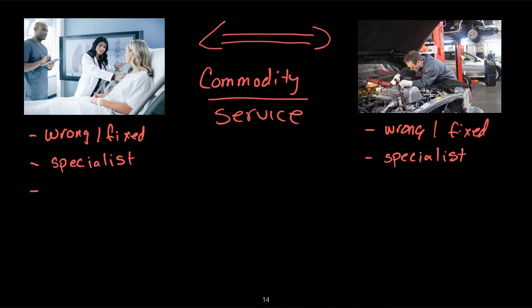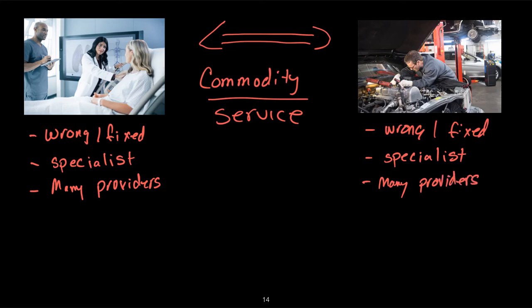It's also the case that there are many providers. In healthcare, there are a number of different hospitals I can go to. If I'm in the Cleveland area, I can go to the Cleveland Clinic, or I can go to University Hospital. There are choices for me to make. And similarly, there are many providers when it comes to car repair.